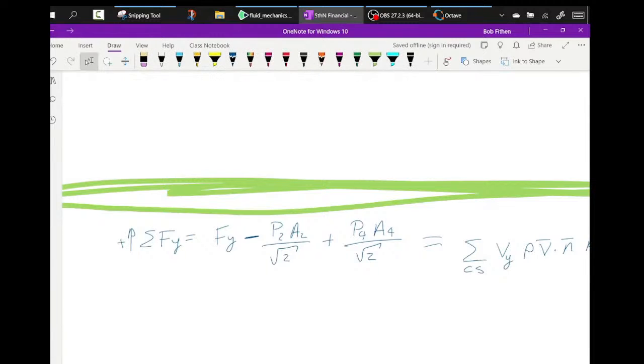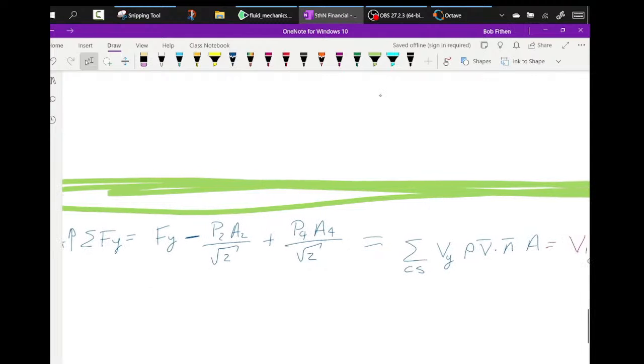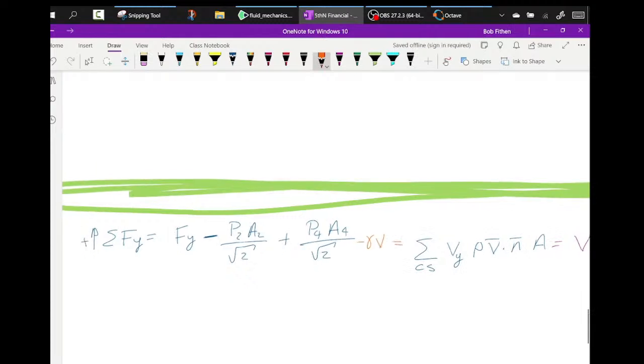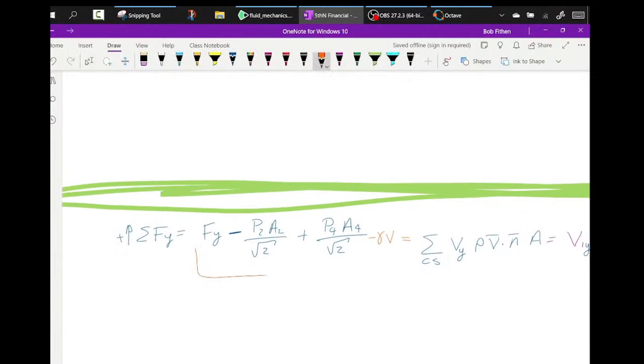So that's what I'm about to do. And so what I'll do is minus gamma times the volume in there. Now, again, these are all surface forces. This is a body force. The previous only had surface forces because the body force wasn't acting in the x direction.